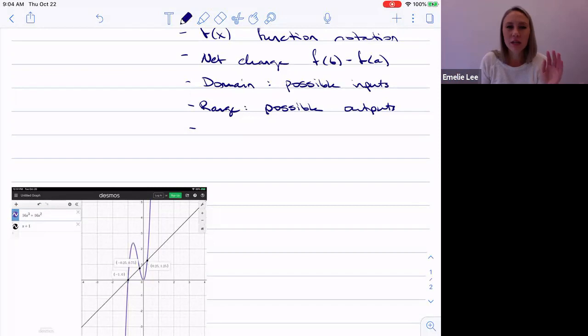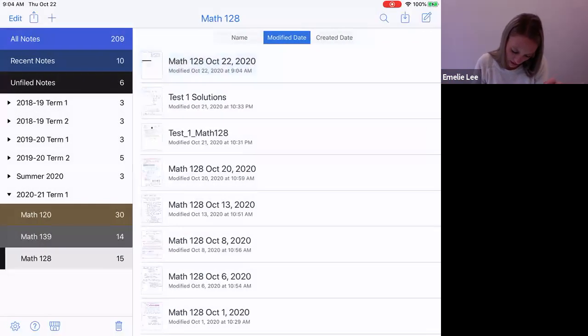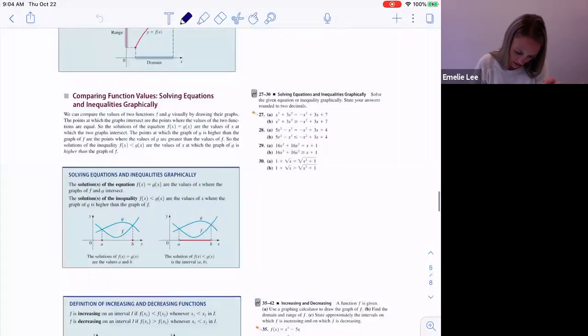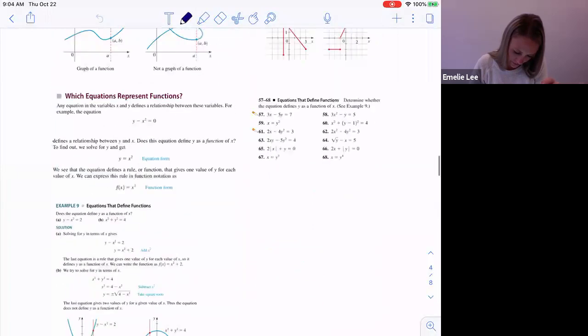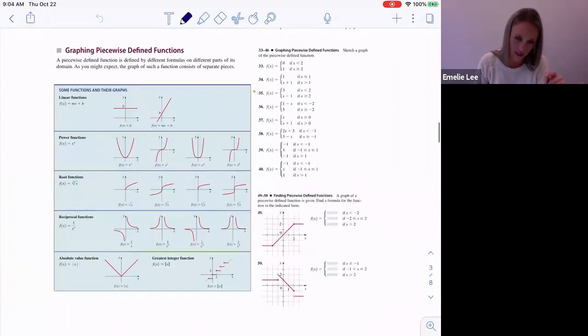But I said the first three in that table, as long as you've got a good handle on what these look like in general, then we can deal with the others as they come up.